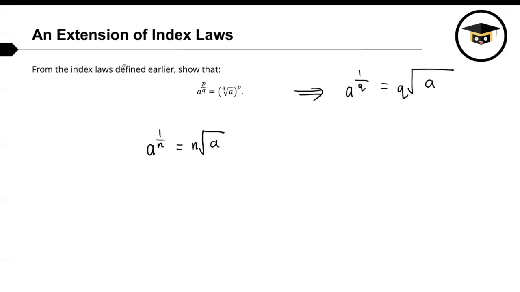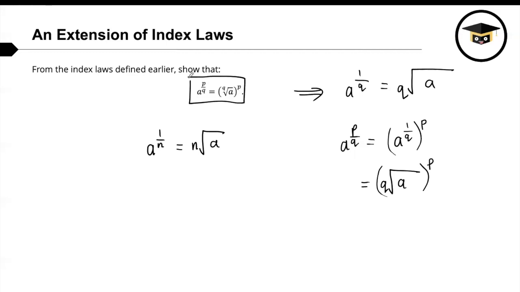Well, using the index laws we've talked about in the previous videos, we can just say that a to the power of p over q is equal to a to the power of 1 on q to the power of p, because they're multiplied together. And we know that a to the power of 1 on q is, as we just talked about, the qth root of a. So therefore, a to the power of p on q is the qth root of a to the power of p. And that is what is shown here.